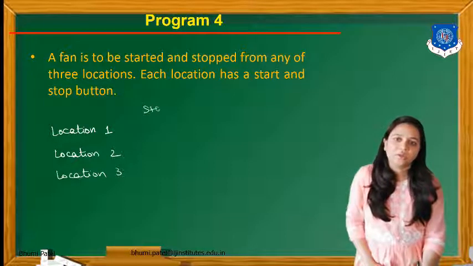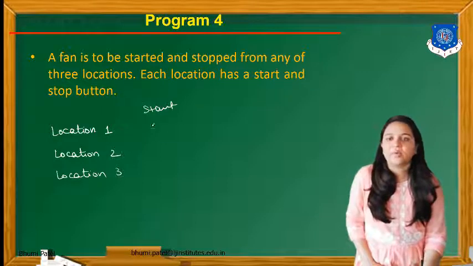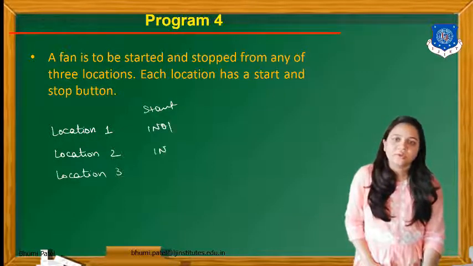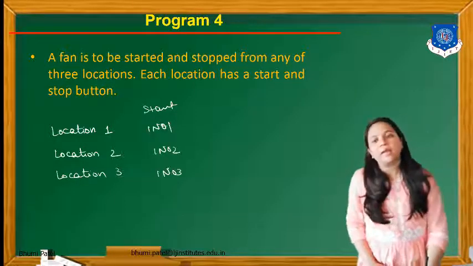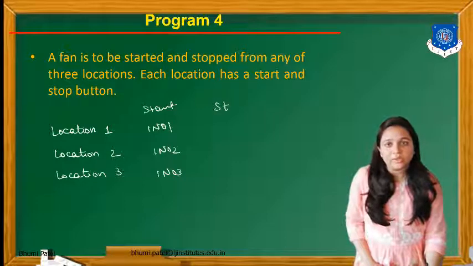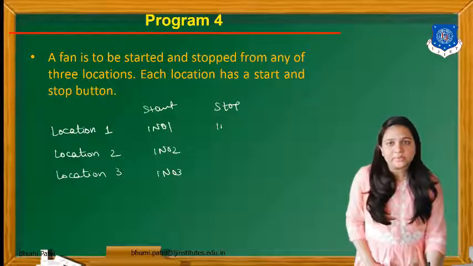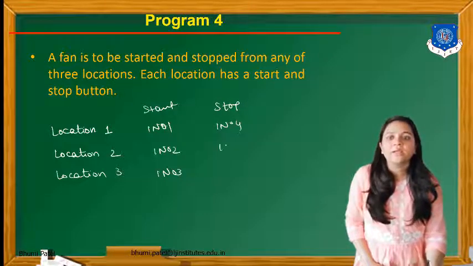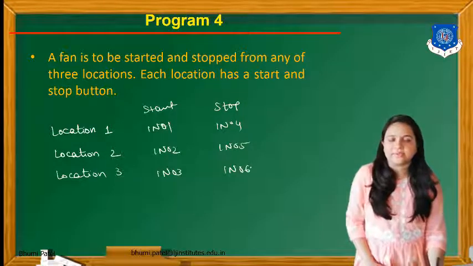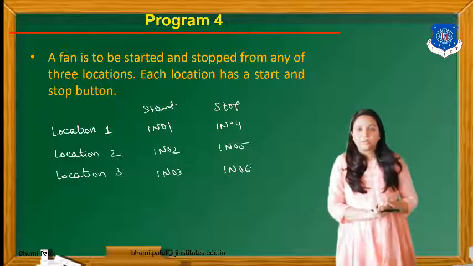Suppose location 1 has the start button IN01, location 2 has IN02 and location 3 has IN03. Now the stop buttons are IN04, IN05 and IN06.